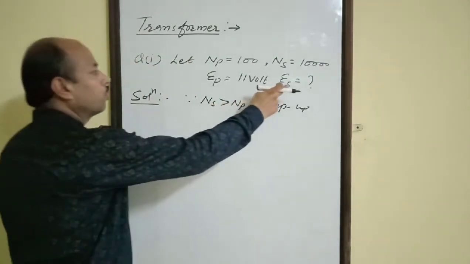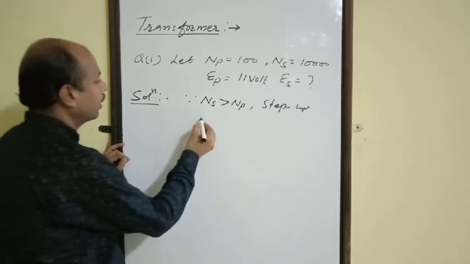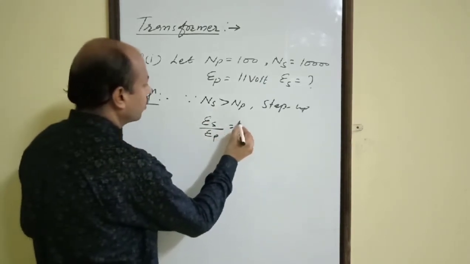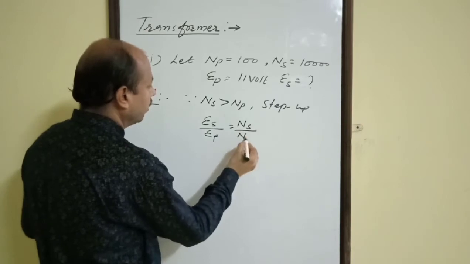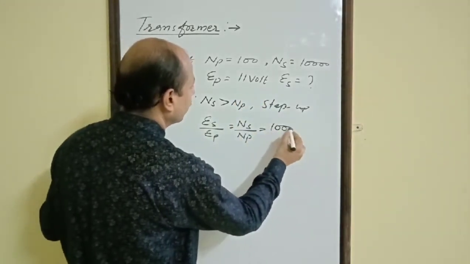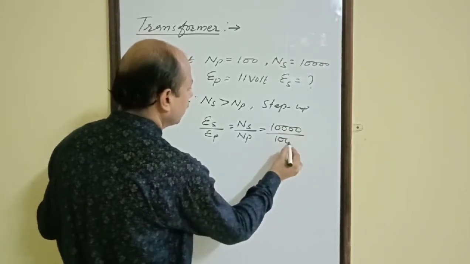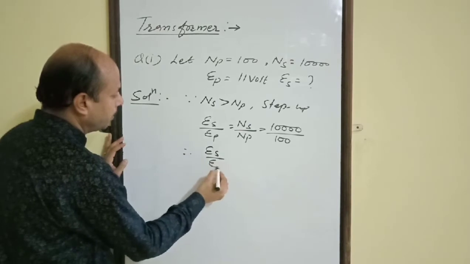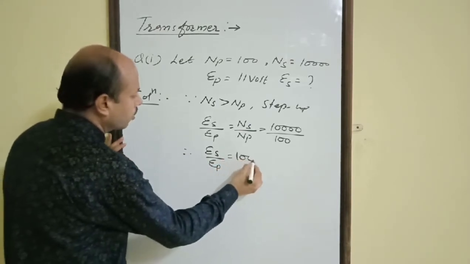Now we have to find out the value of ES. We can use the formula ES by EP equals to NS by NP. NS is 10,000, NP is 100, and therefore ES by EP will be equal to 100.